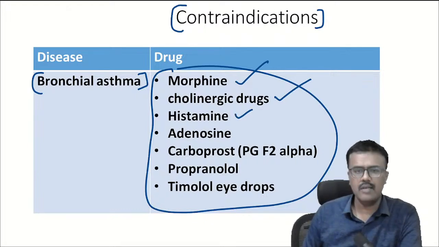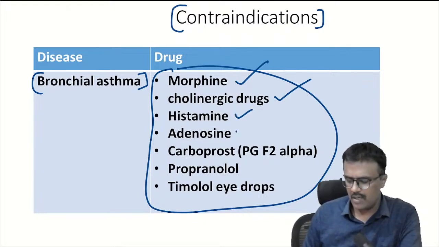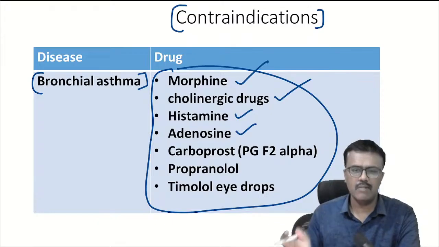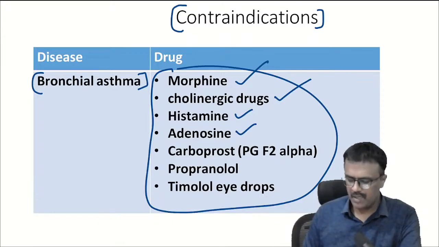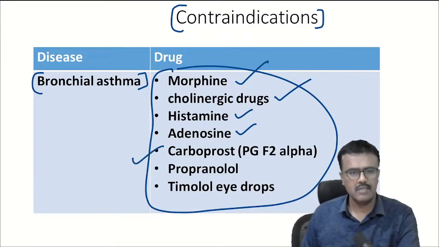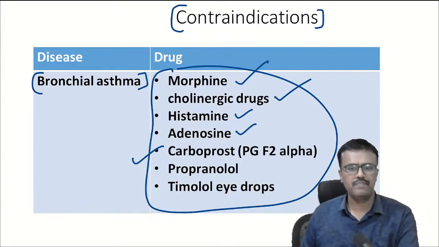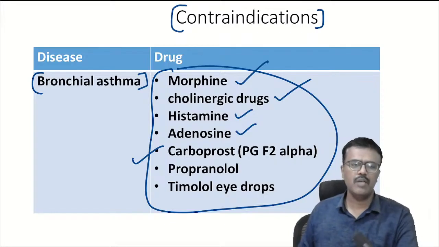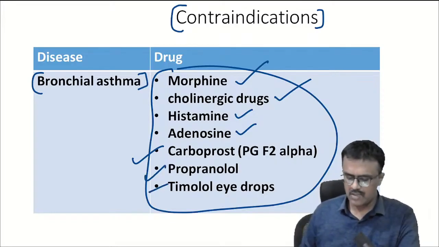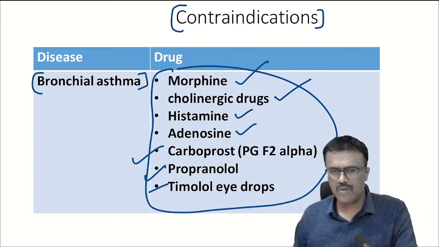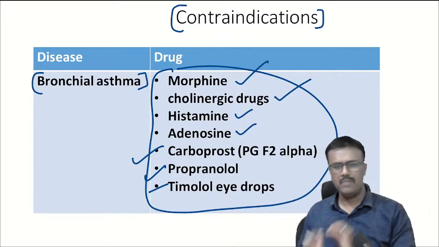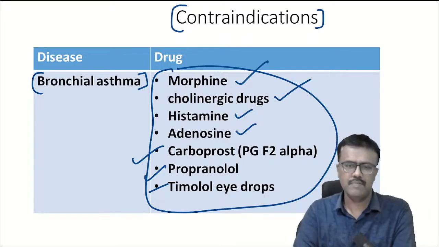Histamine, obviously, we don't give. Adenosine, I told you, PSVT with asthma, adenosine can't be given. Carboprost, recently asked. Patient was having PPH and asthma, which one you don't give? Carboprost. Timolol, because they are non-selective beta blockers, we don't give it. So please mug up these things.